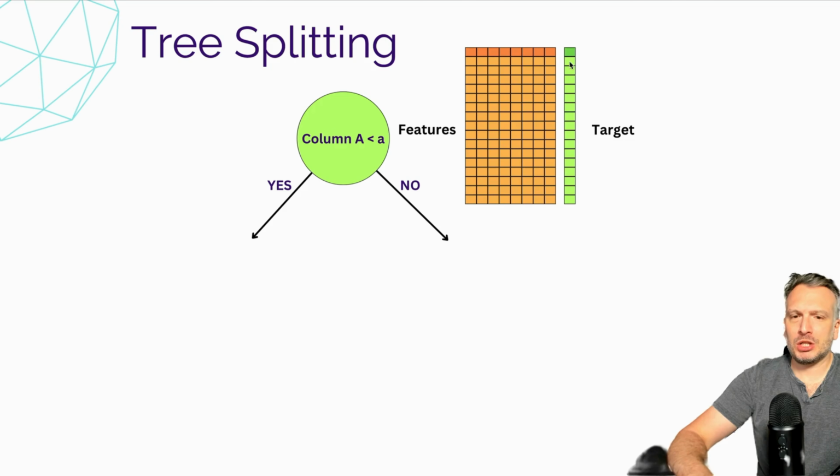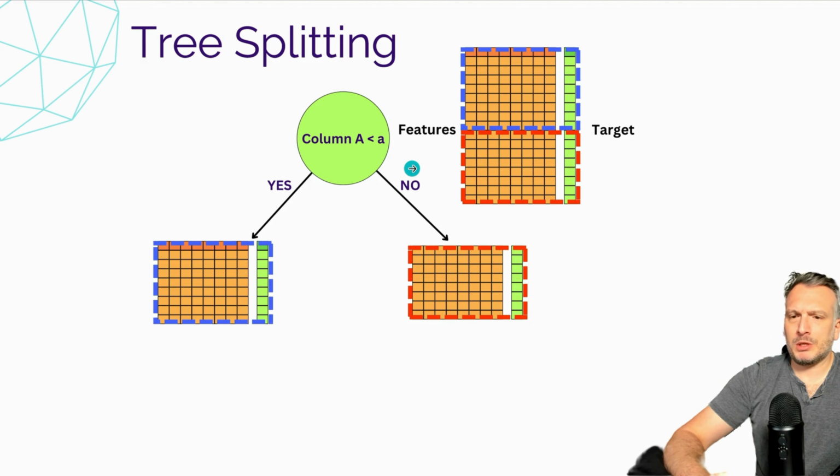Well, we have an initial dataset, so it has some features and it has a target. Each column represents a variable and each row represents a sample in the training data. And training a tree means that we're going to split the training data recursively by looking at the different values in the different columns.